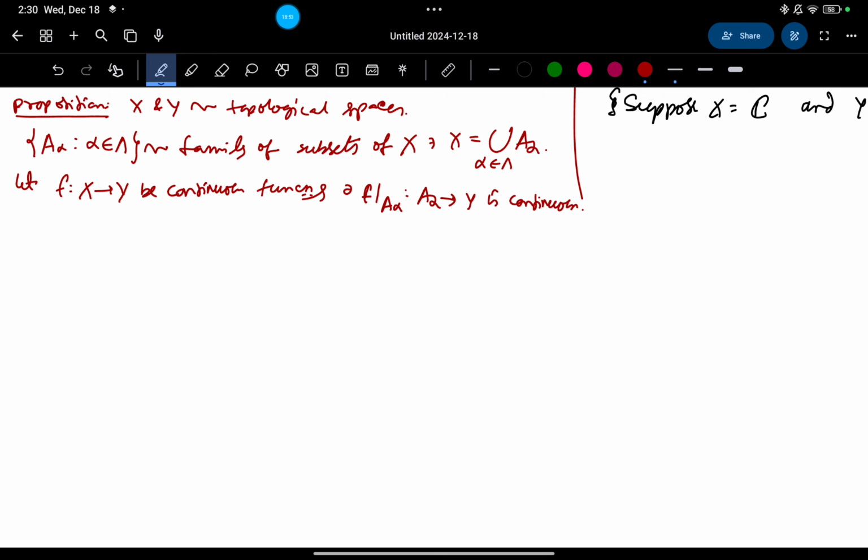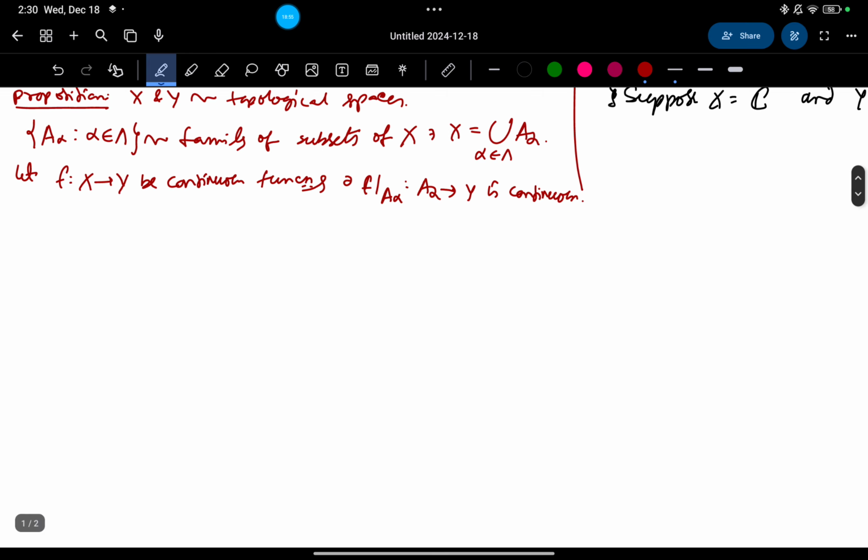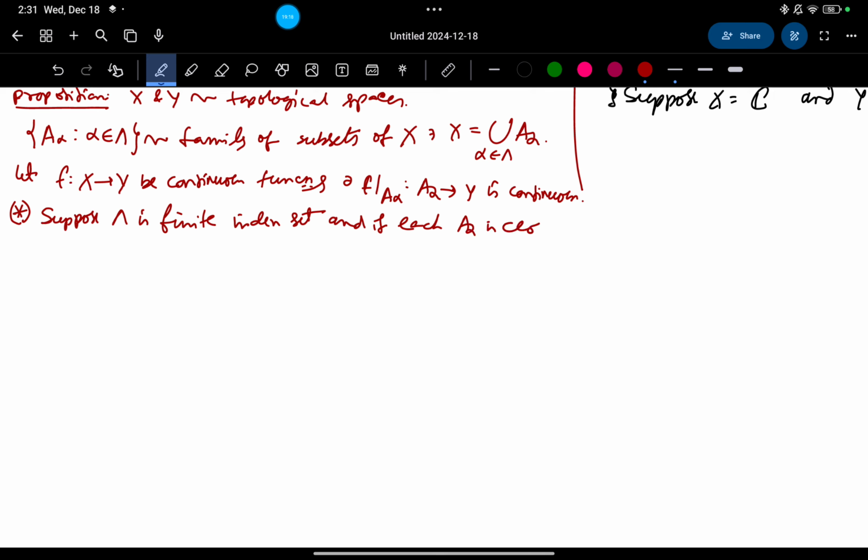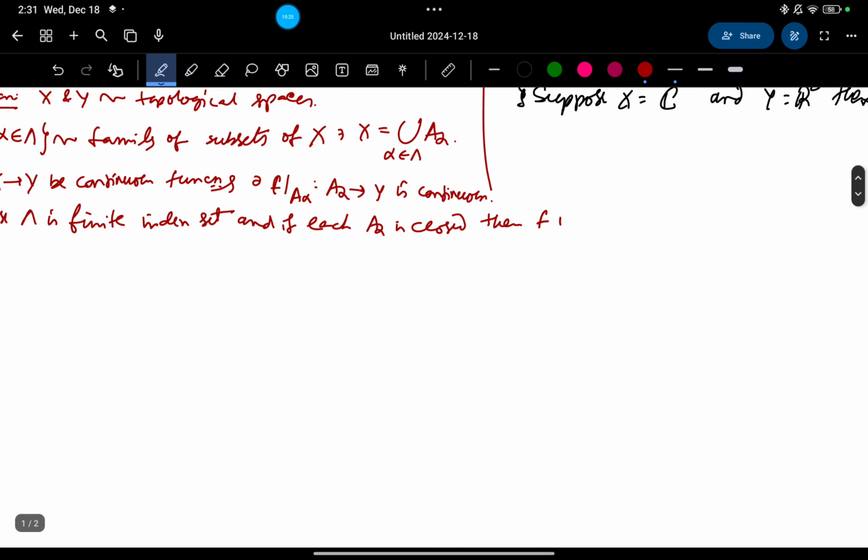Then condition 1 is: suppose this Gamma is a finite index set, and if each A alpha is closed, then f is continuous.